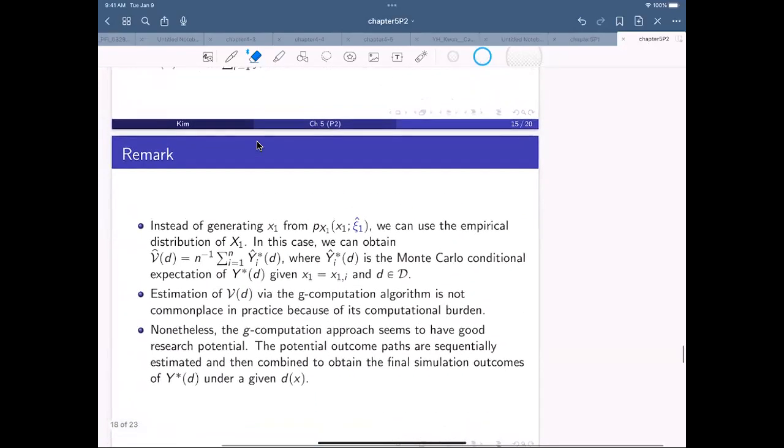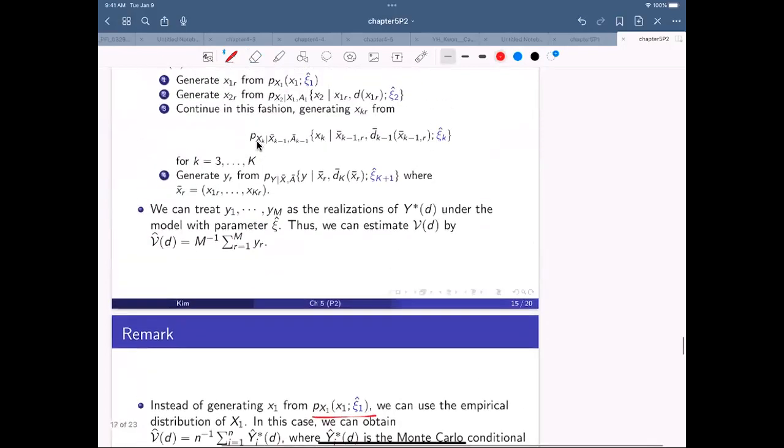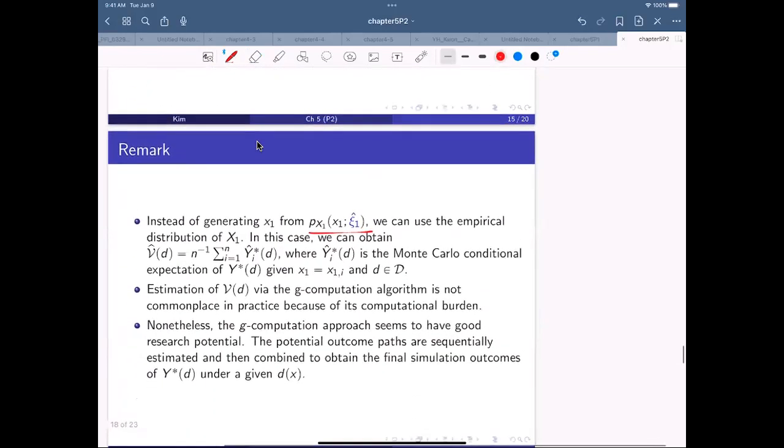So that's a completely simulation-based approach. One thing I can say is that for your baseline sample, you don't actually need a model, because you can use the observations. You observe X1 throughout the sample, so instead of making a parametric model, you can use the sample.